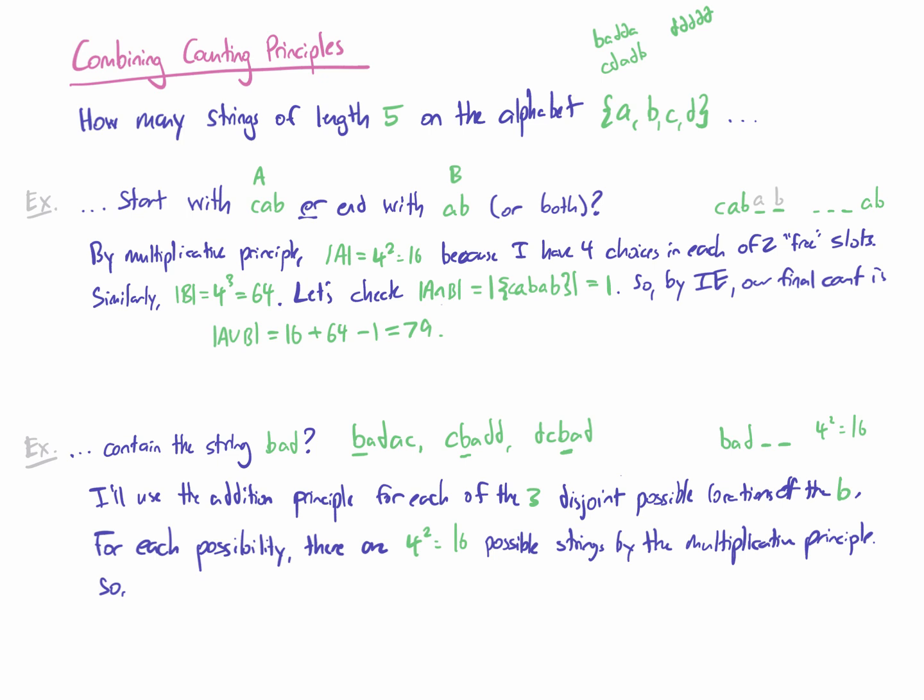Using the addition principle, I have 16 possibilities if I put the B at the very beginning, 16 more if I put it in the second slot, and 16 more if I put it in the third slot, which is 48, and that's my final answer. So to get to my final answer in both of these problems, I had to use some combination of the product principle, inclusion-exclusion, and the addition principle.